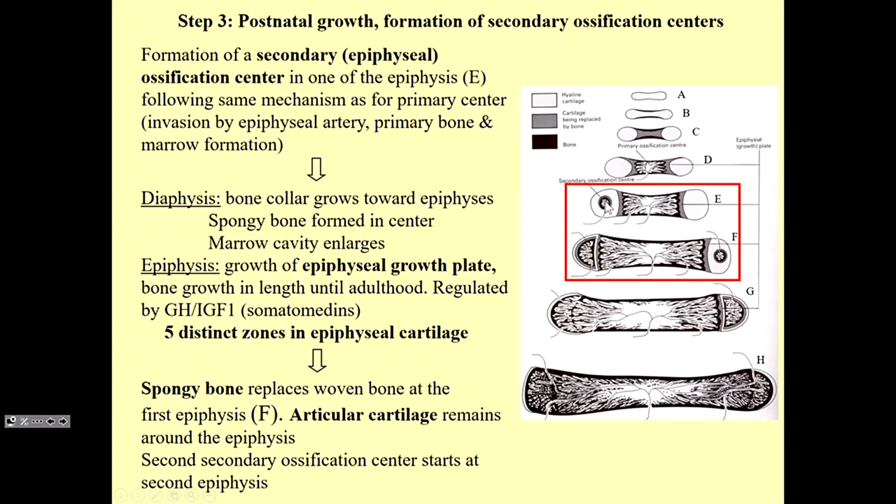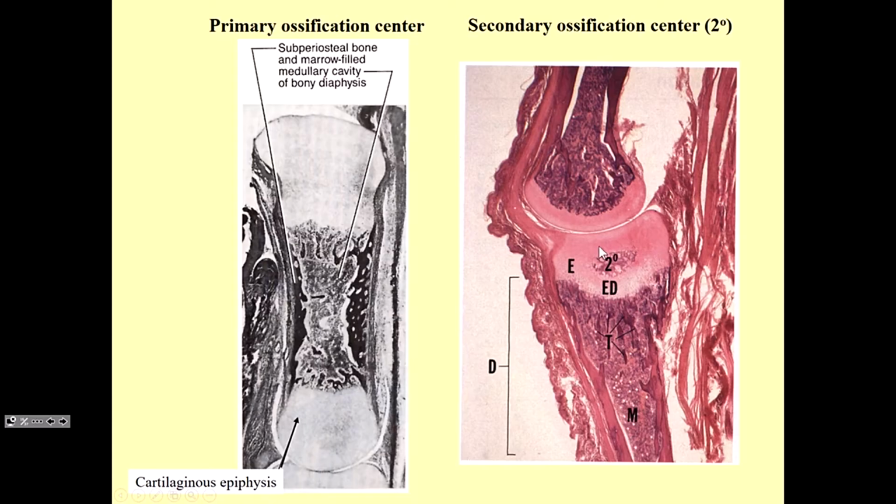So between the secondary ossification and the primary of the diaphysis, we have a layer of cartilage which becomes the epiphyseal growth plate, as shown here. And this epiphyseal growth plate remains and plays a role in elongation of bone up until you reach your adult stature. So you can see pictures of that here. Here's our diaphysis, and here is what will become the epiphysis, but it's still cartilage here and cartilage here.